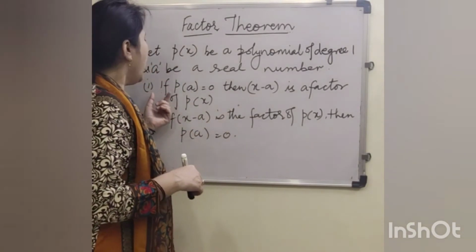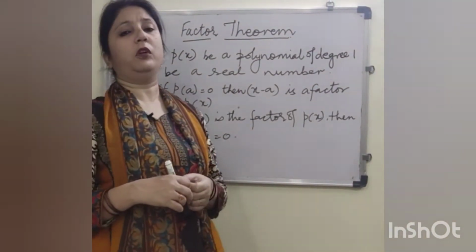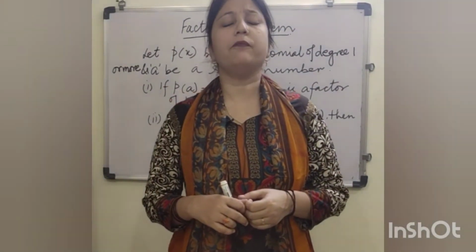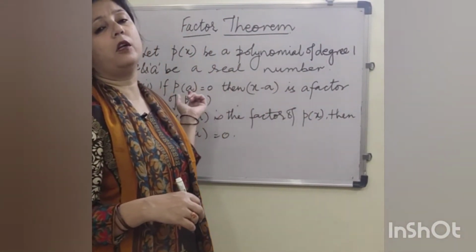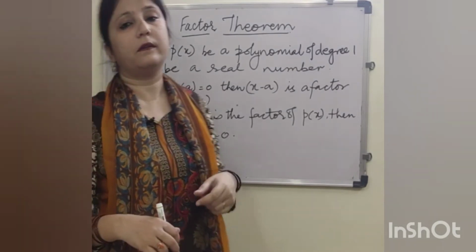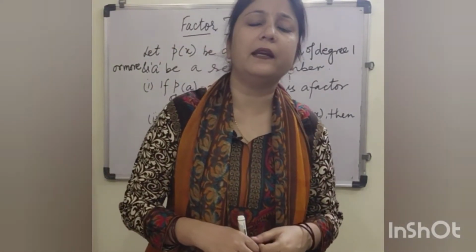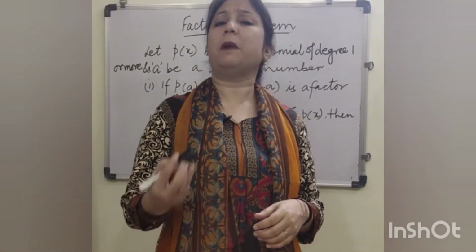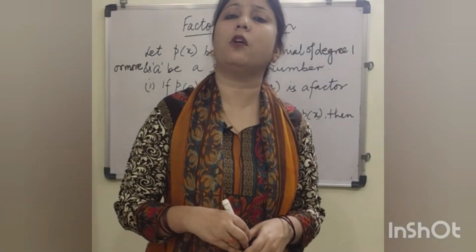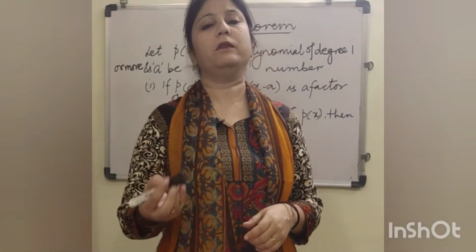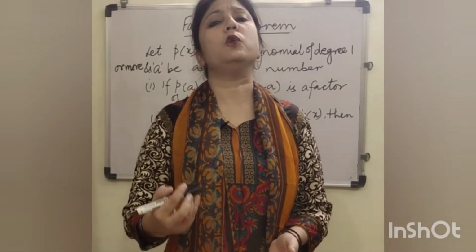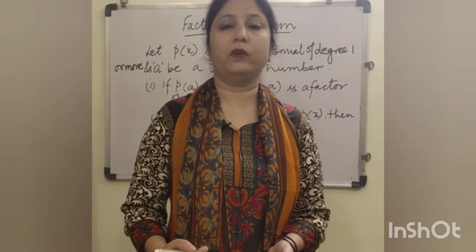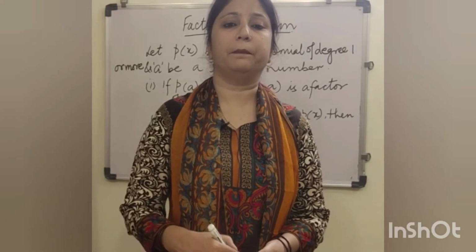First, if P(a) is equal to 0, then x minus a is a factor of P(x). Second, if x minus a is a factor of P(x), then P(a) is equal to 0. These two results are there and we need to prove them.